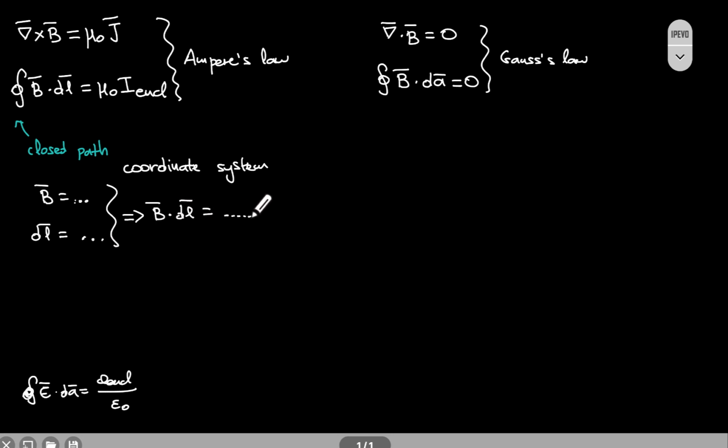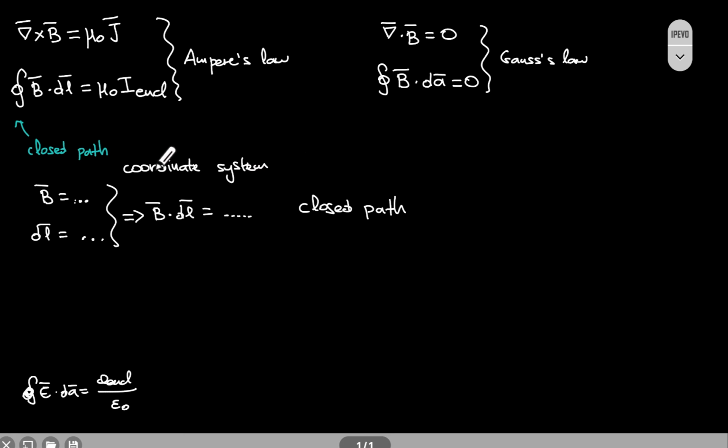and that combined with the definition for the path, okay, you need to define the closed path. It has to be a closed path. Then you can find the right side, or maybe solve for B if you know the current enclosed and so on.